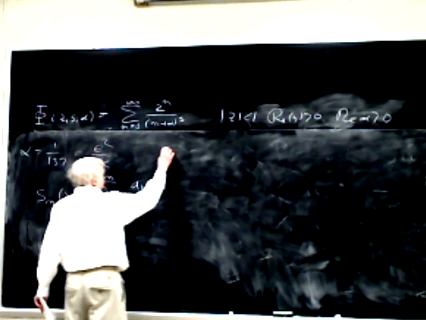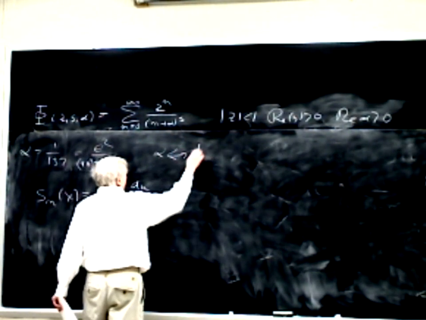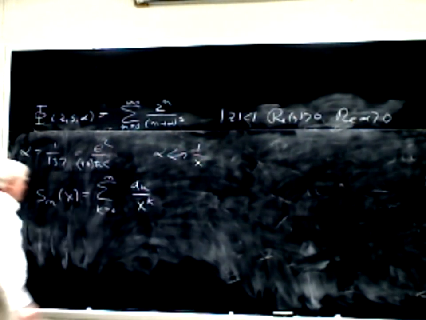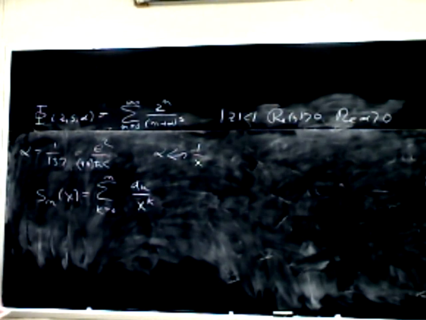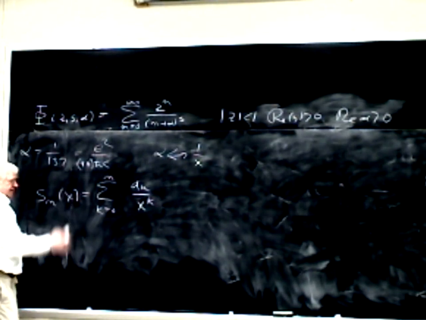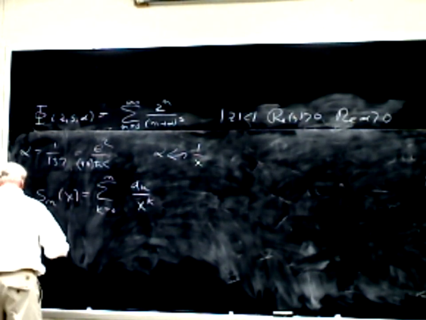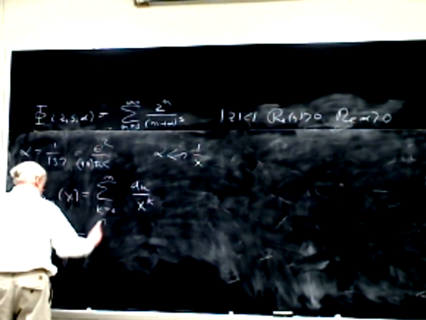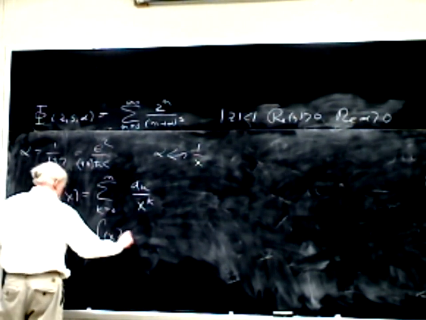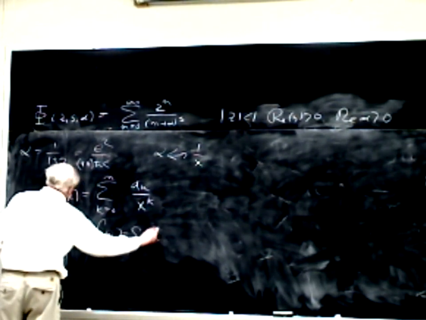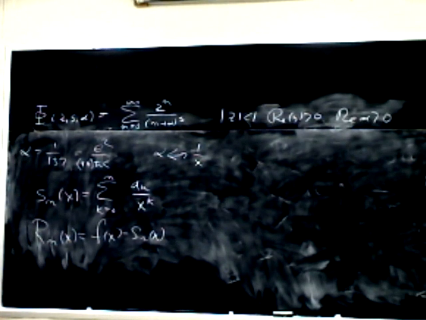Basically instead of alpha, we have 1 over x. So this x is sort of an inverse coupling. And now we can define the remainder, R_n of x, as f of x minus S_n of x. So this is if we're approximating some function f of x by S_n of x.